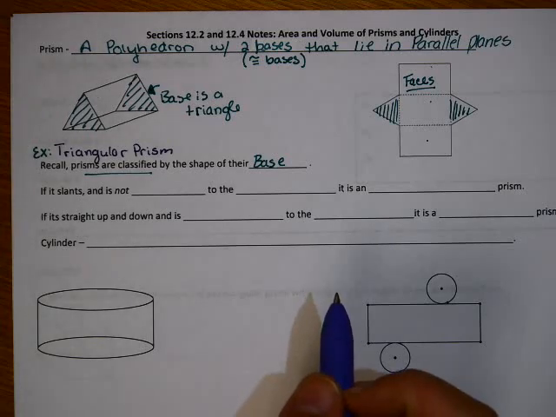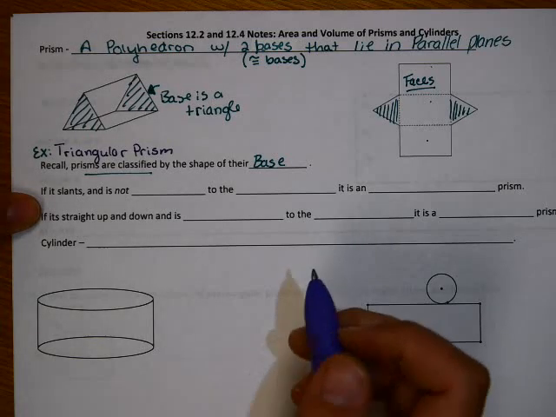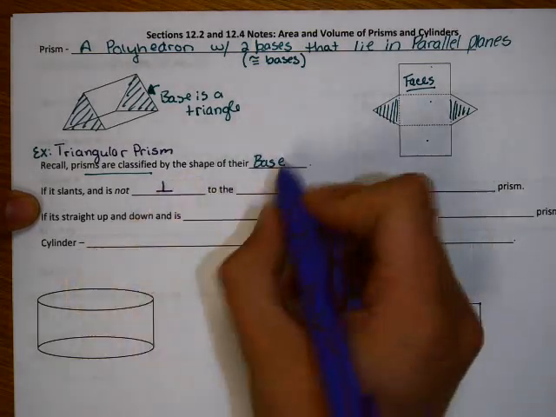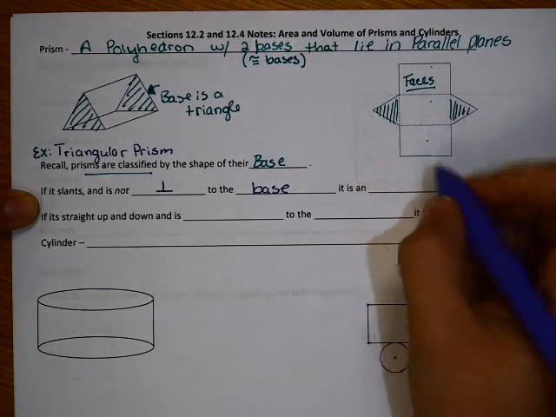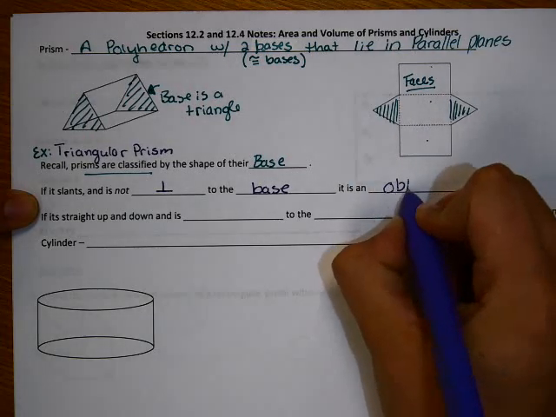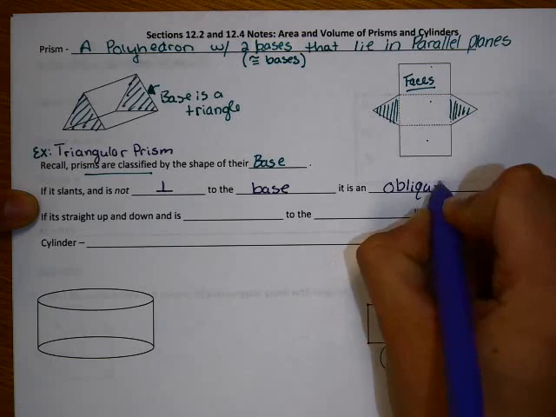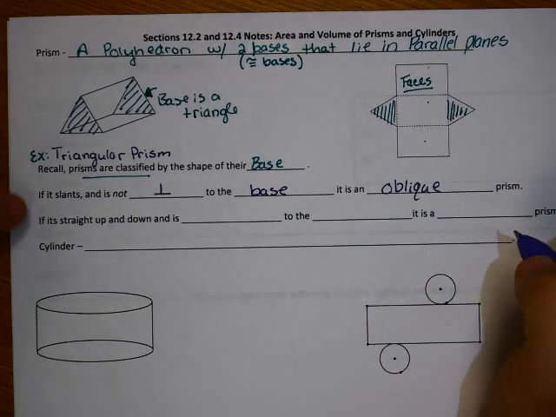We can have a prism that slants and is not perpendicular to the base, and we call that an oblique prism.